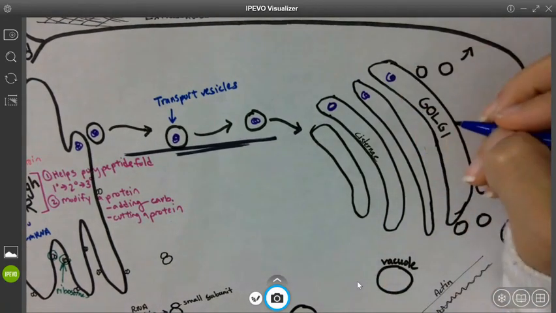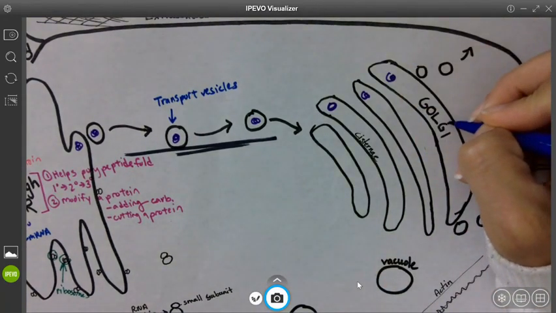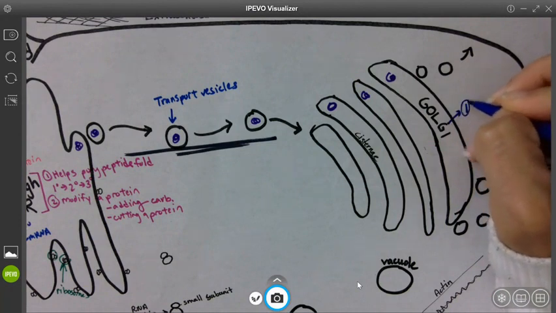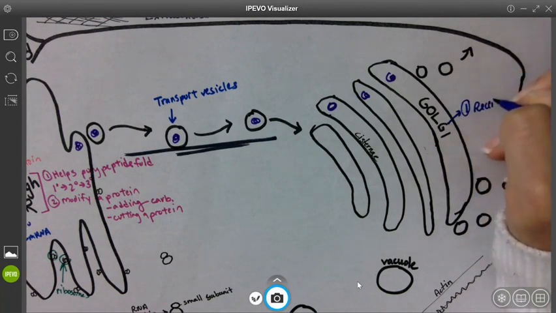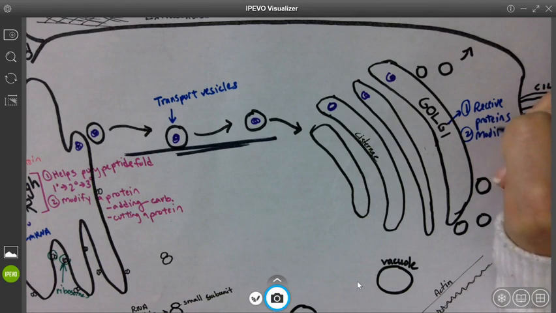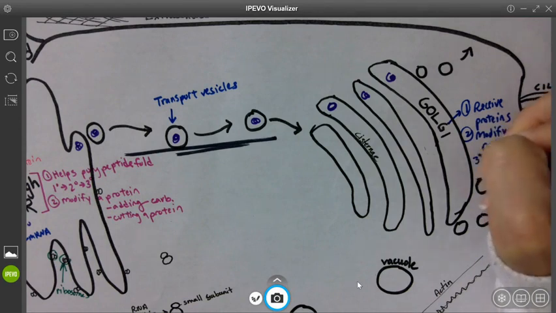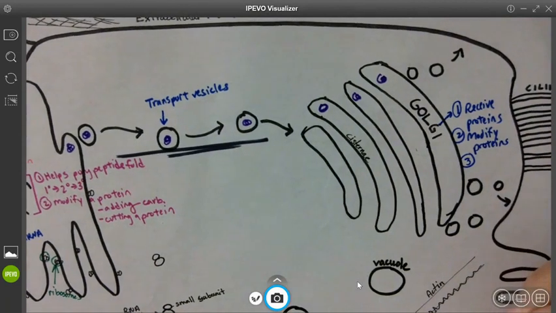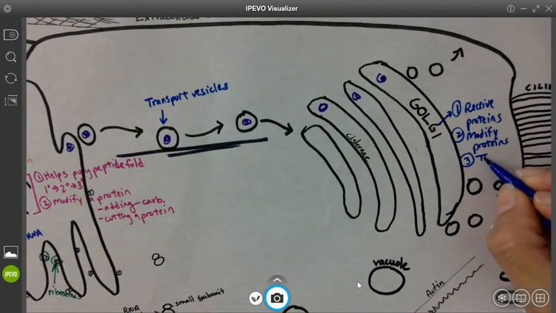So the Golgi's job is to receive proteins, to modify proteins further, and to tag the proteins for transport.